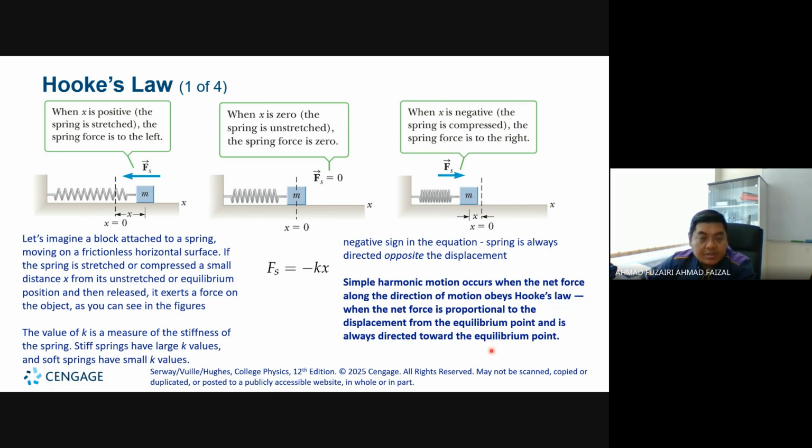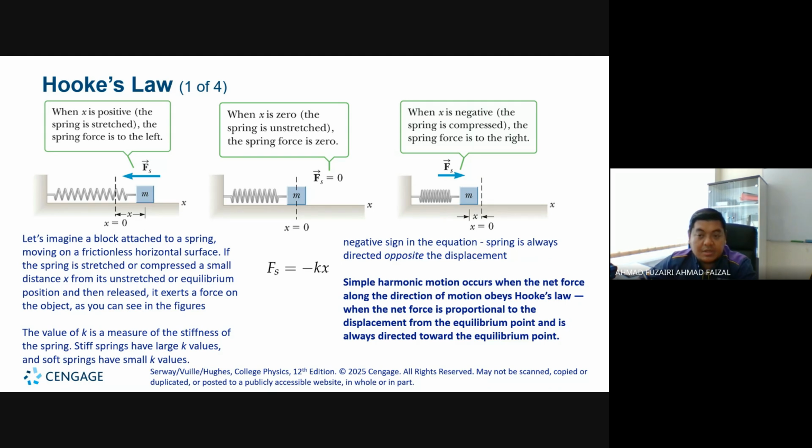Here x is the displacement of an object from its equilibrium position. Remember, the equilibrium position is at x equals 0. And k is a positive constant that we call the spring constant.